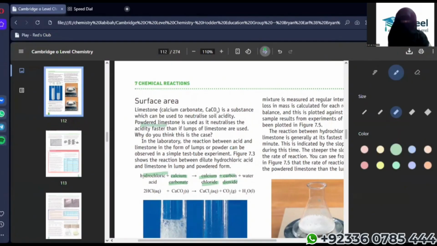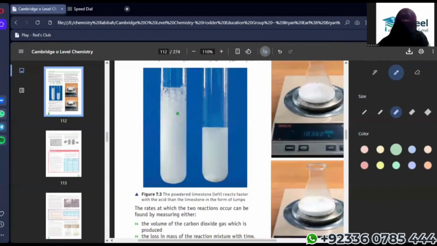And if you powder the solid substance, also known as limestone, you can see that both of these reactions occur as a neutralization reaction to produce carbon dioxide and a salt. As you can see, these two reactions are showing the difference between higher surface area and lower surface area.